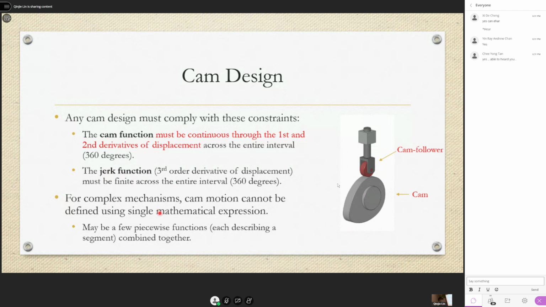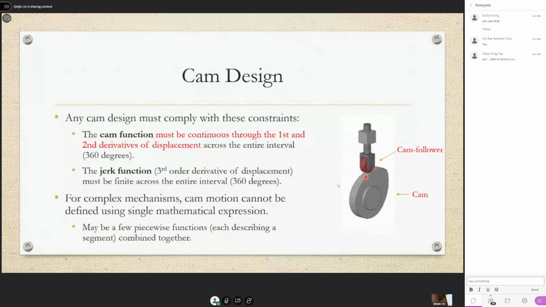For complex mechanisms, cam motion cannot be defined using a single mathematical expression. So there may be a few piecewise functions combined together. You see this one, 360 degrees, right? If it's simple enough, you can write one mathematical equation to describe this entire motion. But imagine across these 360 degrees it is super complex.